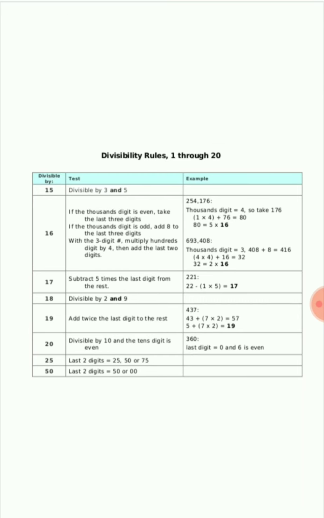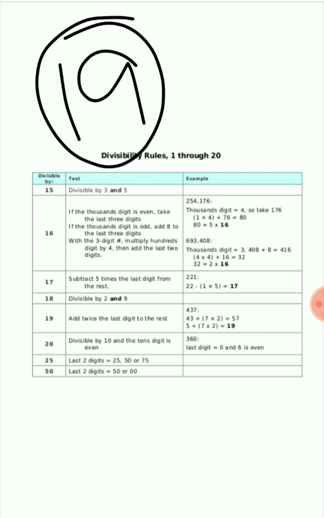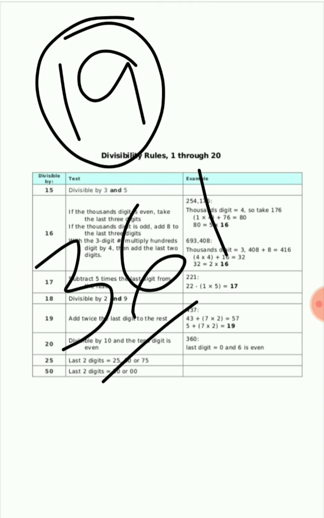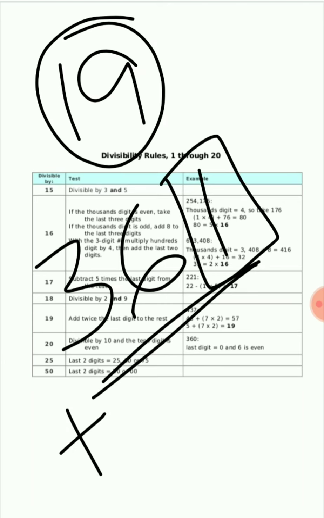Next, we check the divisibility rule by 19. We just add 2 times the last digit to the remaining number. Let's take an example, 361. The operation is we add 2 times the last digit to the remaining number. 1 times 2 is 2. 36 plus 2 is 38.